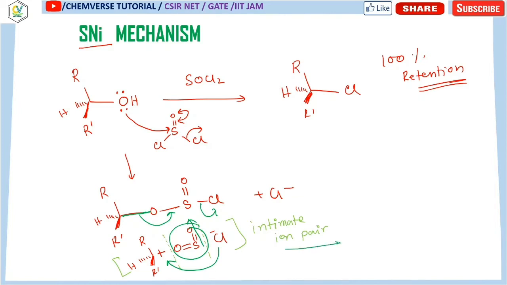That is why we get this kind of product where the Cl, the incoming nucleophile, will be attached on the side where the initial leaving group was. It was not a leaving group actually, but it is turned into a potential good leaving group. So the initial leaving group was present on that side where the nucleophile has attacked, so it actually results in 100% retention. Clear? So this is the basic mechanism of the SNi reaction.